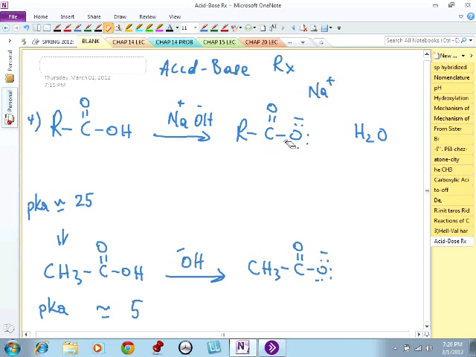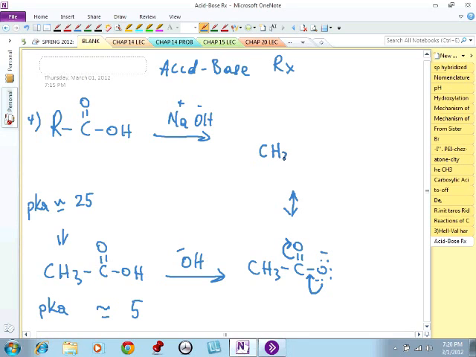When we draw this, I could draw another resonance contribution for this conjugate base, in which I will move this electron to form a double bond here, so those negative electrons reside on any part of these three atoms here.